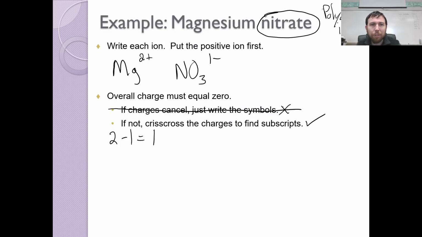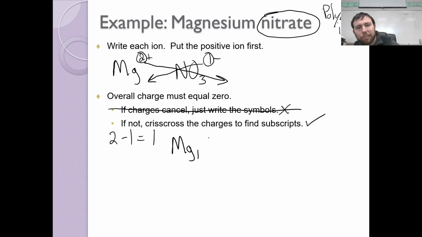When I do the crisscross, what that means is I'm going to take the number and make that the subscript for the other substance. If I do that, I'm going to end up with Mg, and just for the sake of this, 1, and then NO3 2.